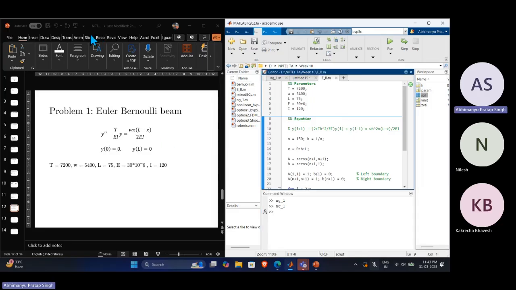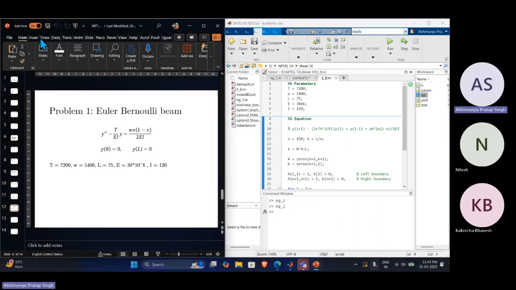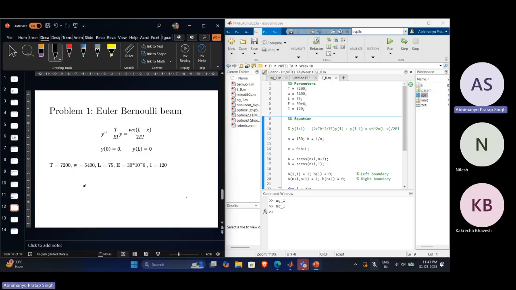So we should get, like we have a fixed boundary condition over here, fixed boundary condition over here, so we should get something like this, right? Let us see what we are getting.